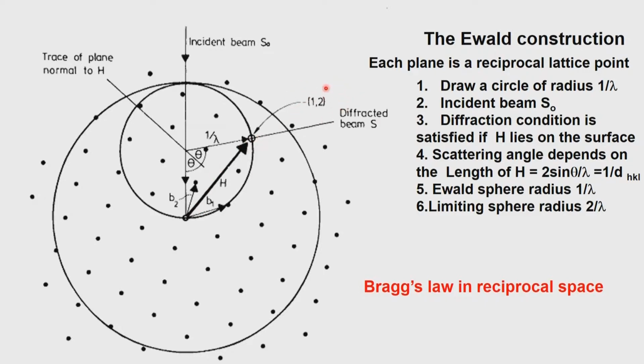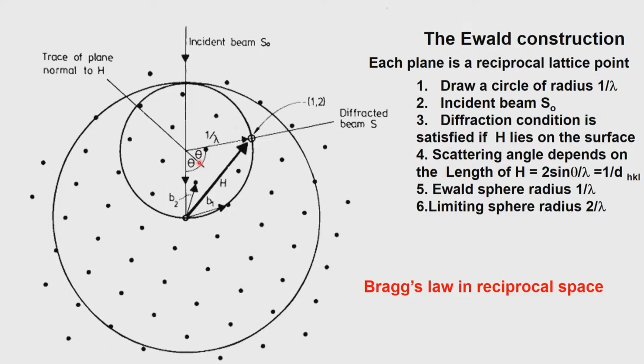So, the diffracted beam is now shown as S in that direction. This is the incident beam, and this is the diffracted beam. You remember the diagram which we drew: this will be the angle 2 theta between the incident beam and the diffracted beam.